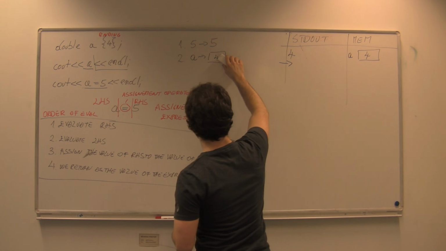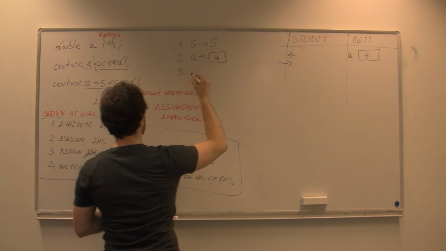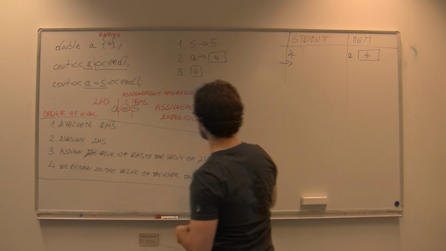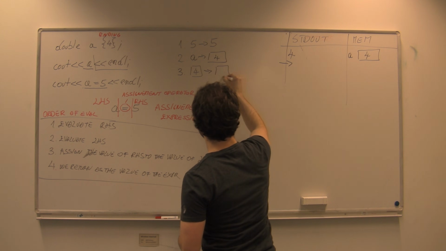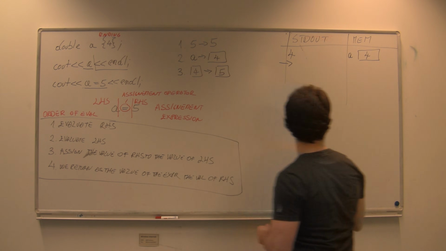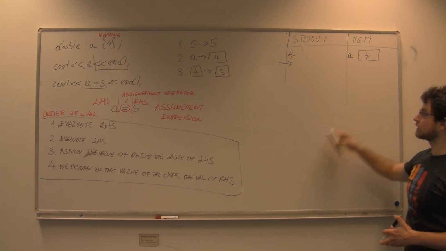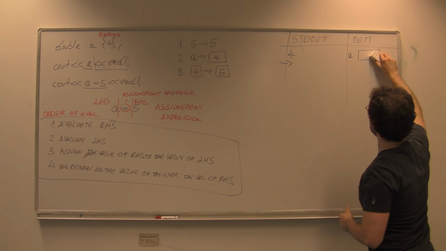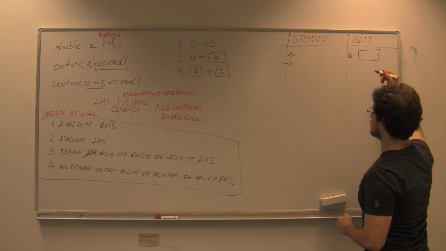So what happens now in the third step is that the box that contains the number 4 now becomes a box that contains the number 5. And we can replicate this effect on our memory as well while we are evaluating this expression. So we will overwrite the contents of the variable a with the number 5.